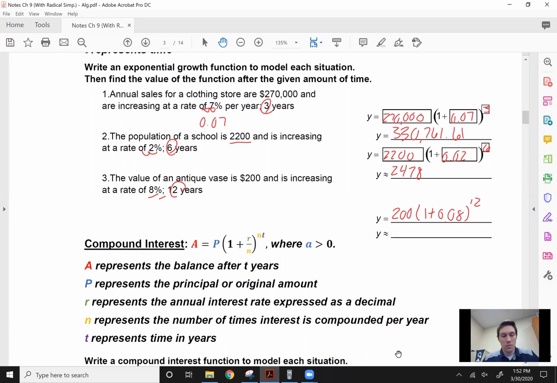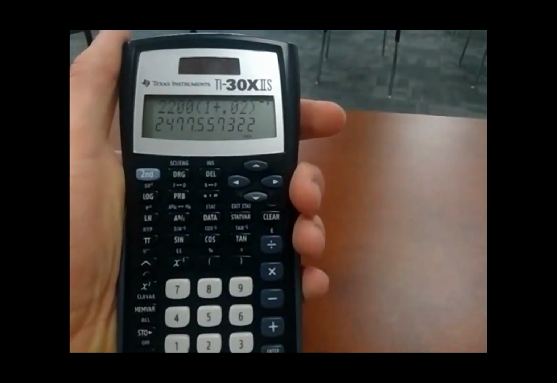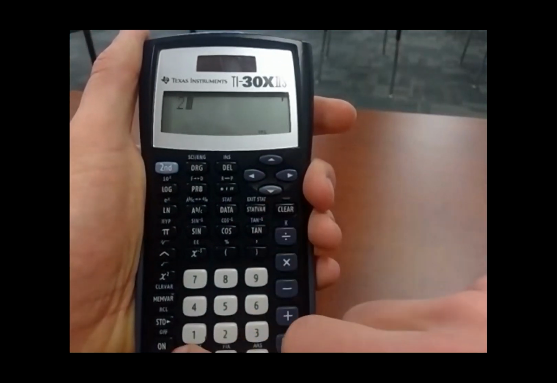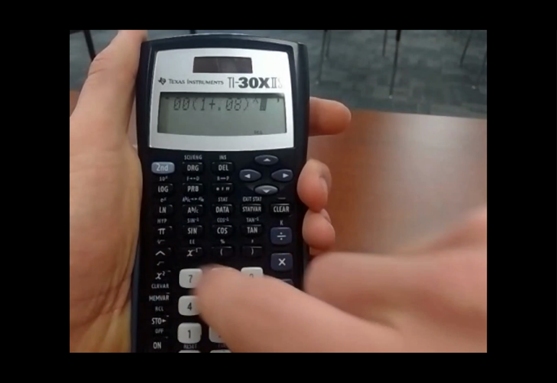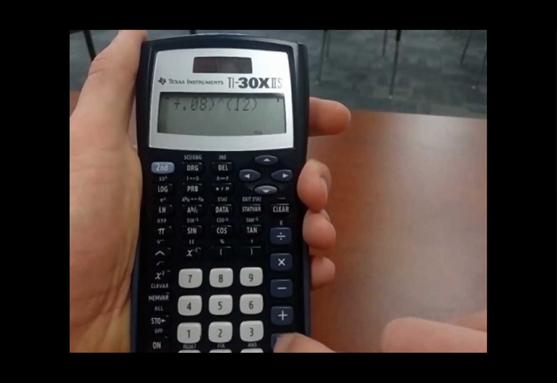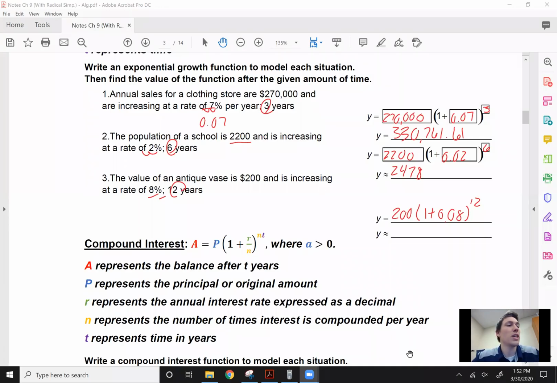So it looks like this. 200, 1 plus 0.08 to the 12th power. And I get 503. So in other words, it'll be worth roughly $503. If it continues to increase at that rate, it'll be worth roughly $503.63.